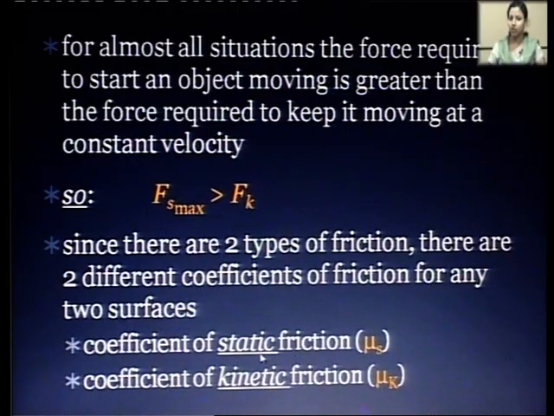So there are two coefficients depending upon the type of friction, whether it is static friction or kinetic friction. If the friction is static, then the corresponding coefficient is called coefficient of static friction, denoted by mu s. And according to kinetic friction, if the body is moving, then the coefficient is called coefficient of kinetic friction. It is denoted by mu k.